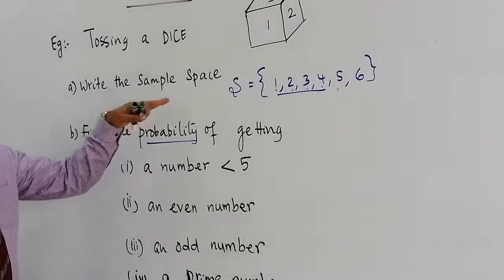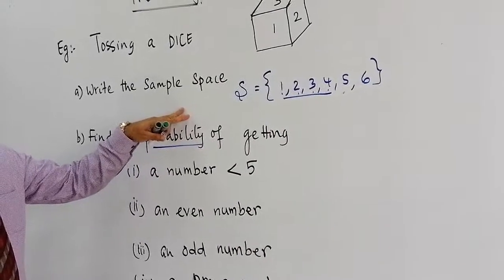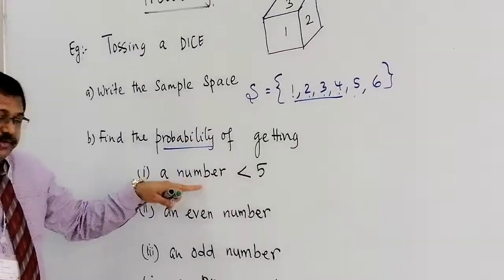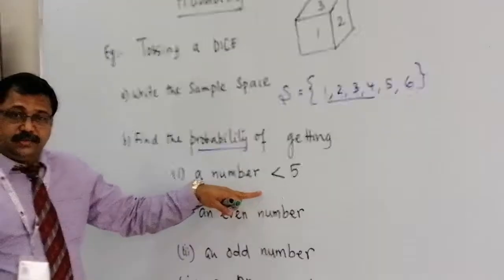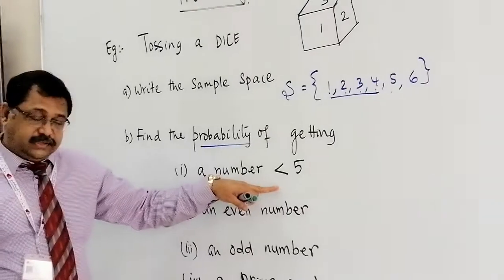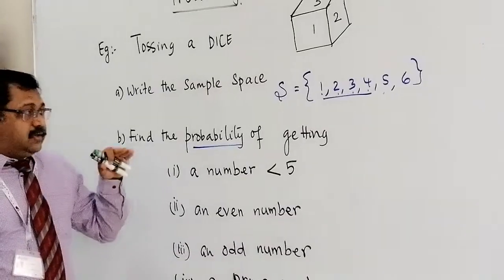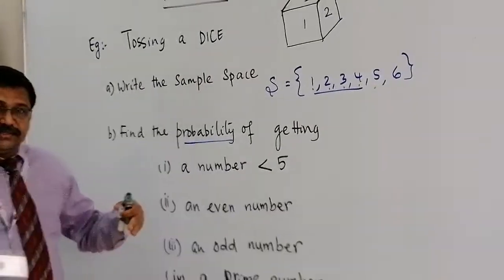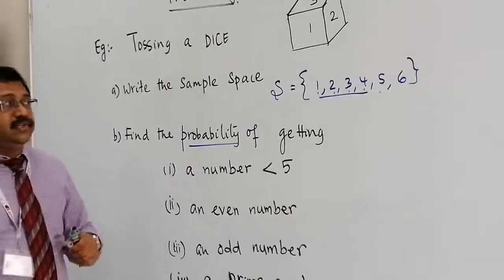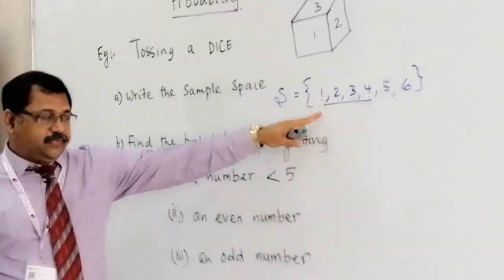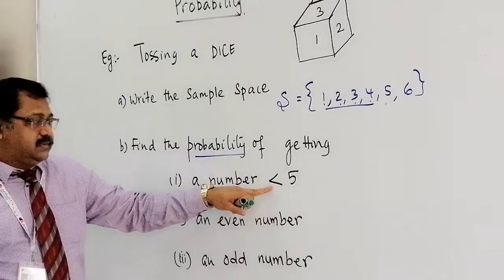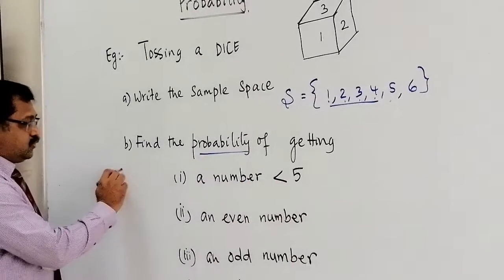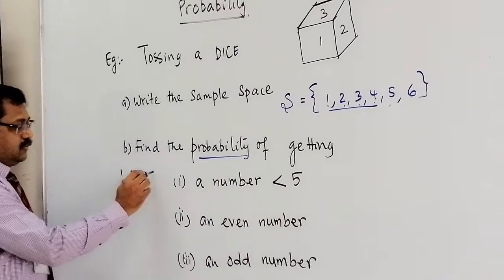So we know the definition of probability. This is an event here. The probability of this event is the number of favorable chances divided by the total number of chances. Here we know that the numbers less than 5 are 1, 2, 3, 4.